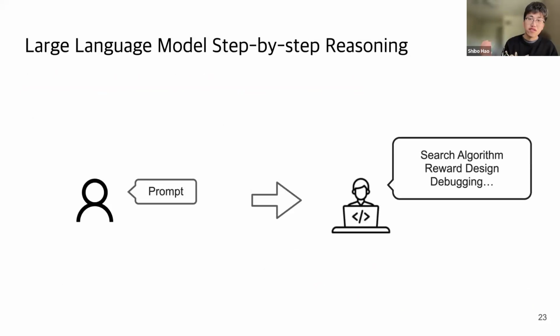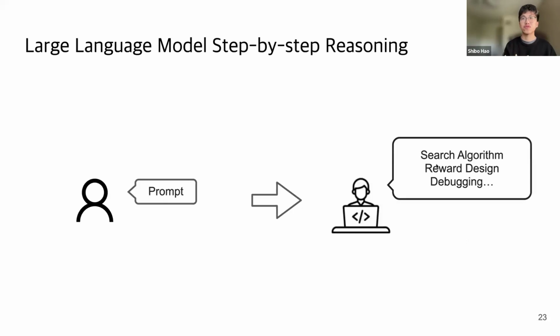Another concern is that now we can have more complicated algorithms to get better performance, but the difficulty of developing these algorithms is also getting higher. Imagine when we interact with ChatGPT, maybe all we need to do is think of a prompt, but now we have so many things to do with these complex reasoning algorithms.